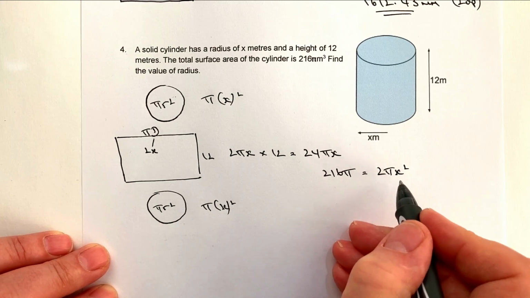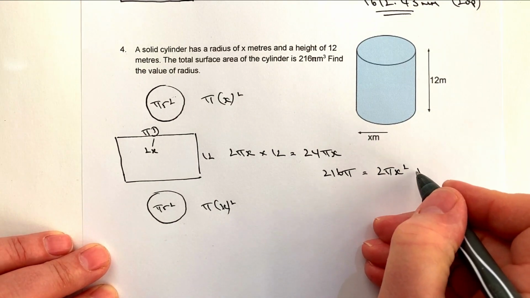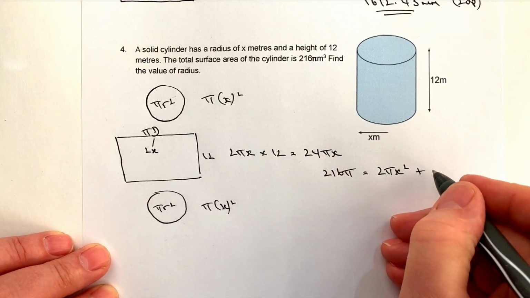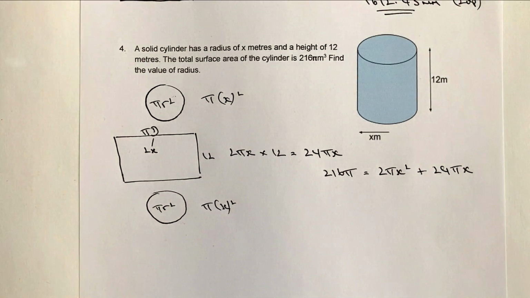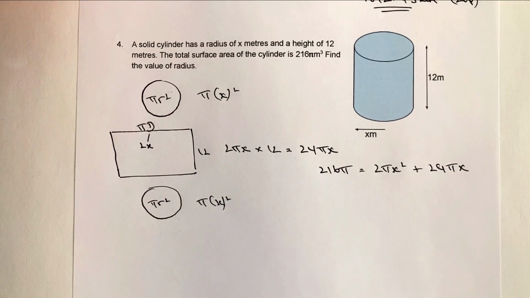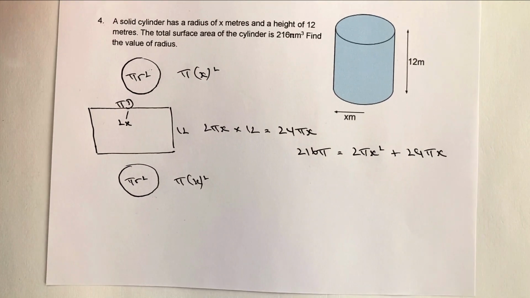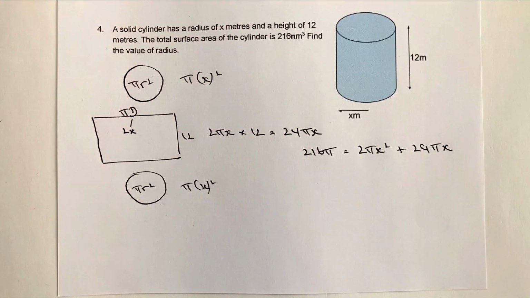So 2 lots of pi x squared plus the bit in the middle, 24 pi x. Okay, now that seems a little bit scary canary to start with, but it's actually not too bad once we kind of work through. I'm just going to move my paper up a little bit so you've got the full paper.